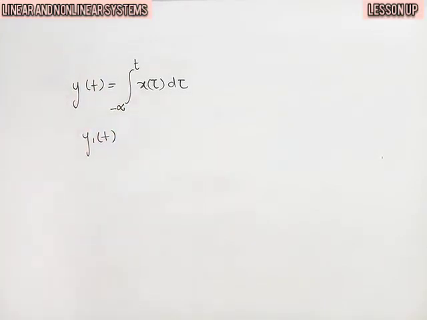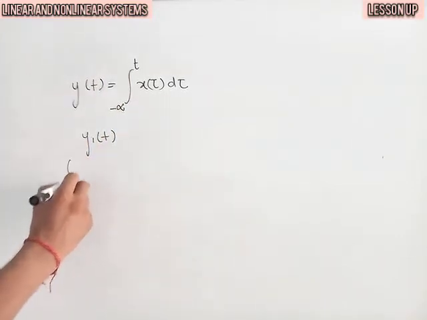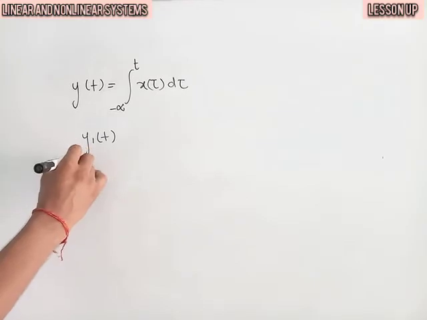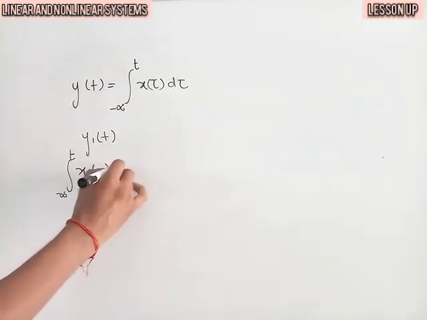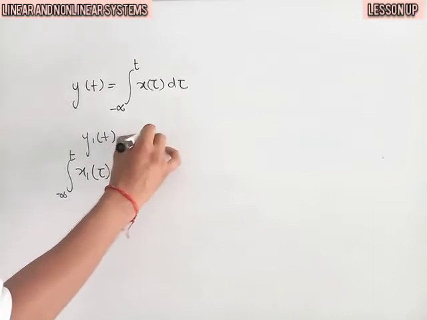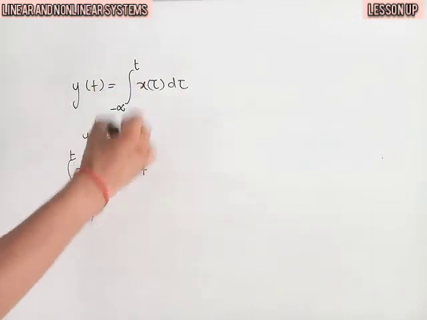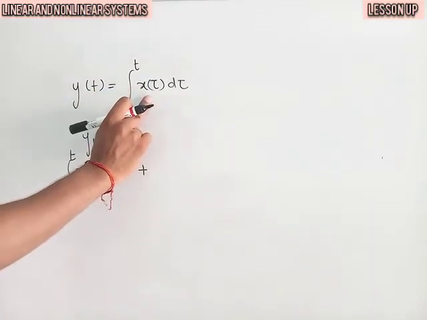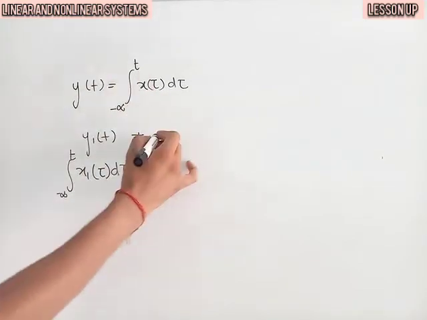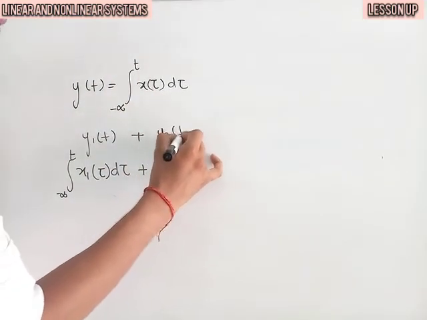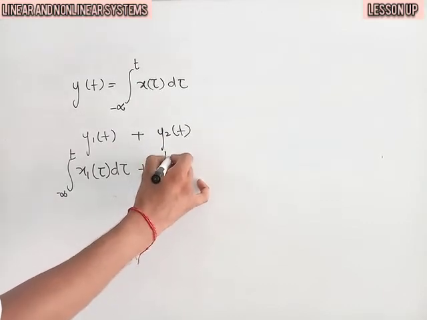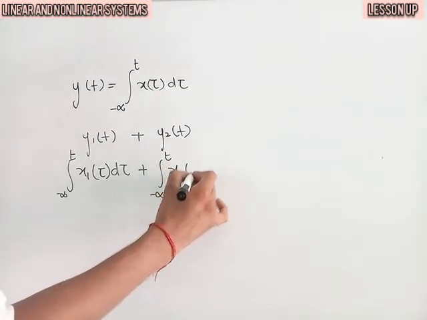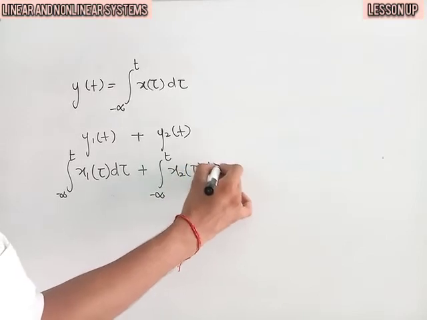So, y1 of t is the integration from minus infinity to t of x1 of tau d tau. If we give input x2 of t, we will get y2 of t, and y2 of t is the integral from minus infinity to t of x2 of tau d tau.